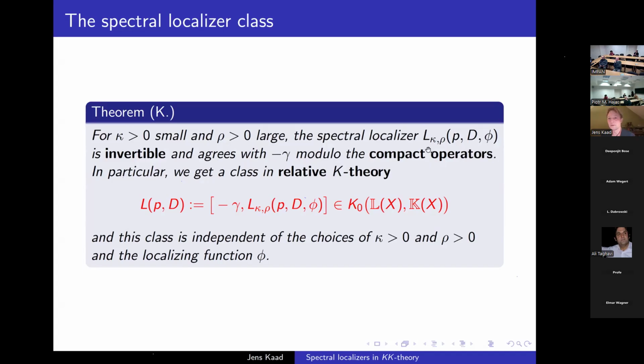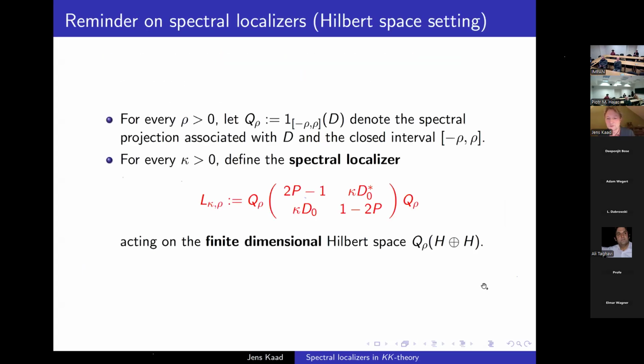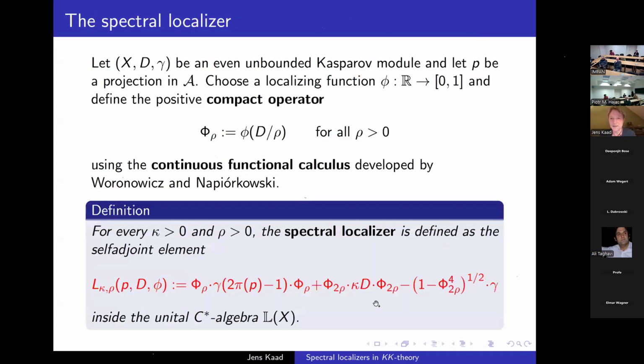If I compute modulo compact operators, it actually agrees with minus the grading operator. So let's see why this is the case. If I compute modulo compact operators, this spectral localizer should agree with minus the grading operator. Well, phi rho is compact.